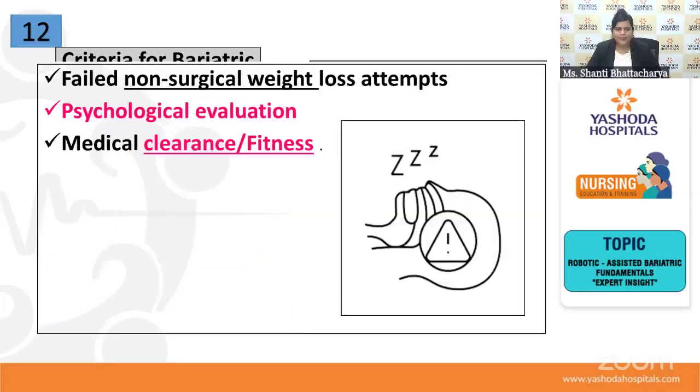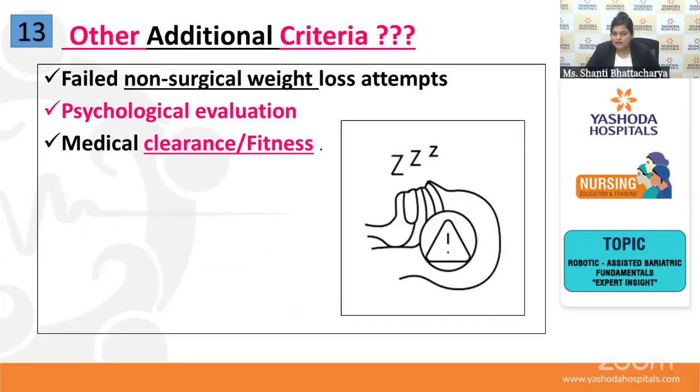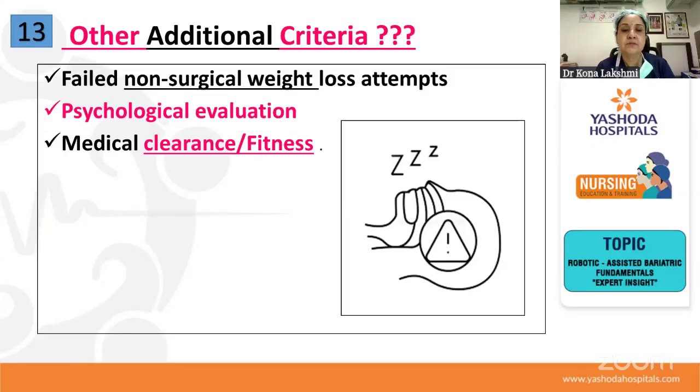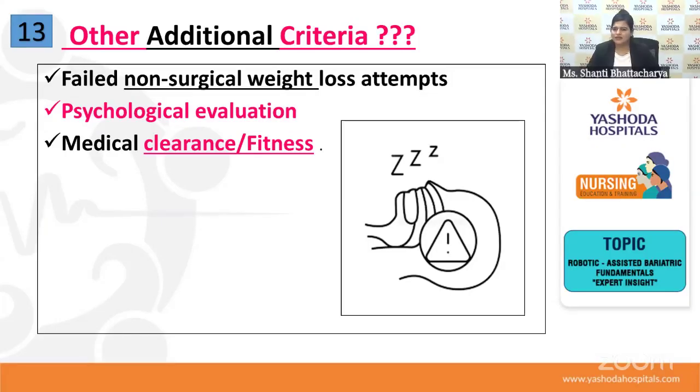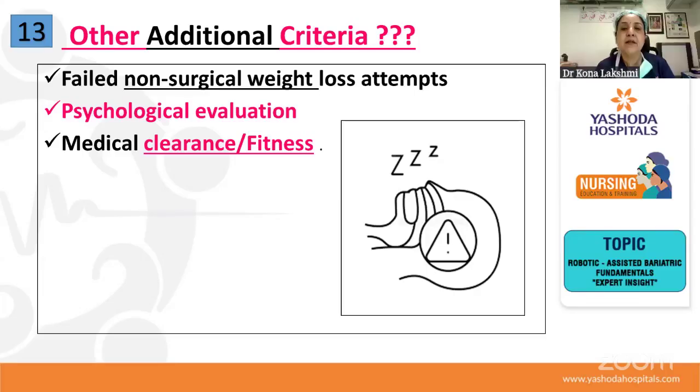Or the client might face some other additional criteria as well, ma'am, like failed non-surgical weight loss. I think you get to see all this. And what about their psychological factor, ma'am? Do they easily accept? I'm sure you must be doing multiple counseling sessions. See, even if they're obese and filled with diseases, they still think that treatment is going to kill them.